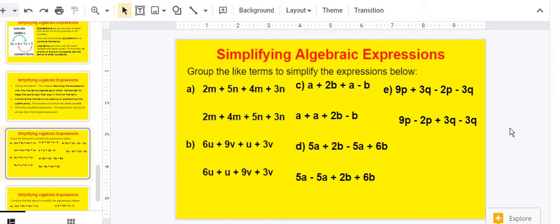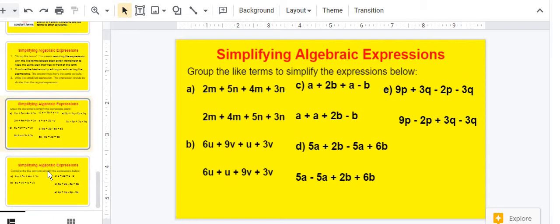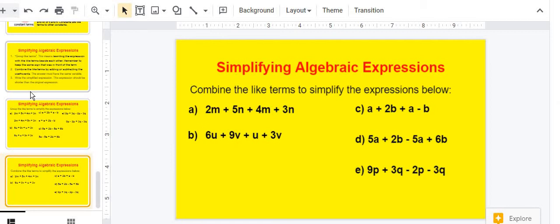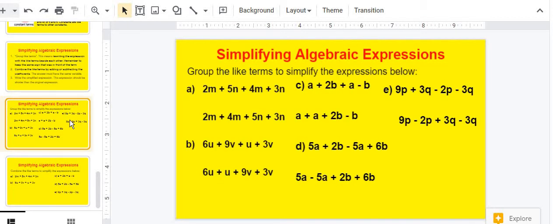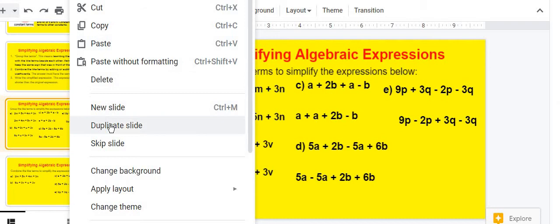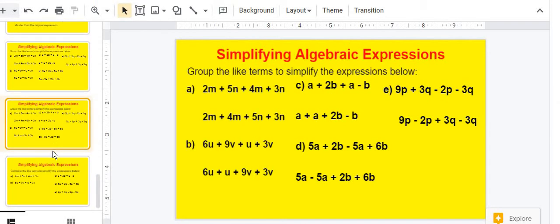Now we're going to look at how we simplify these algebraic expressions. So the only thing we have done so far is collect the like terms. Since collecting the like terms is step 1, I'm going to move on to step 2. I'm going to need these to do step 2, so I'm just going to duplicate this slide.